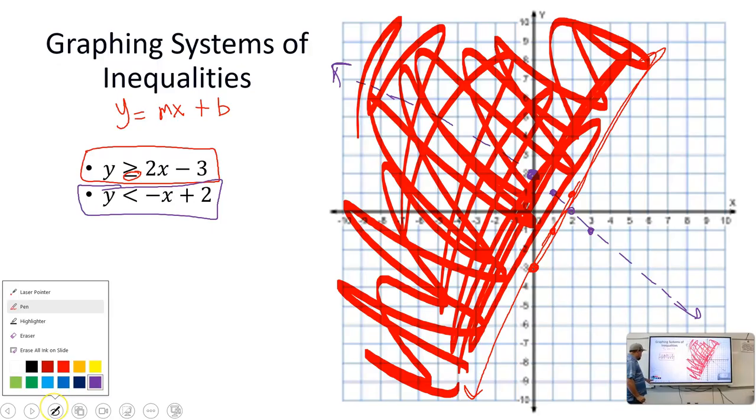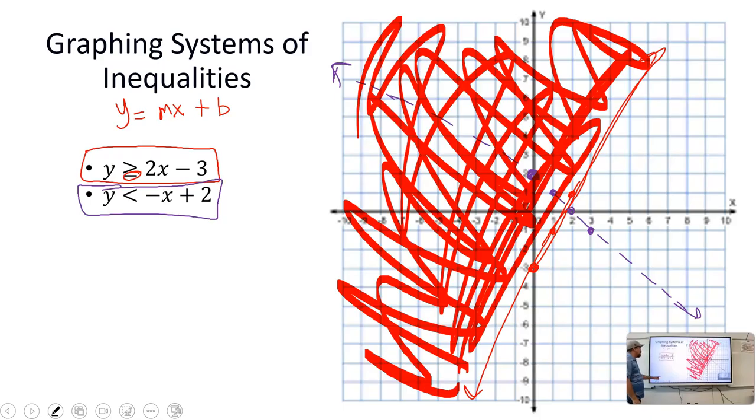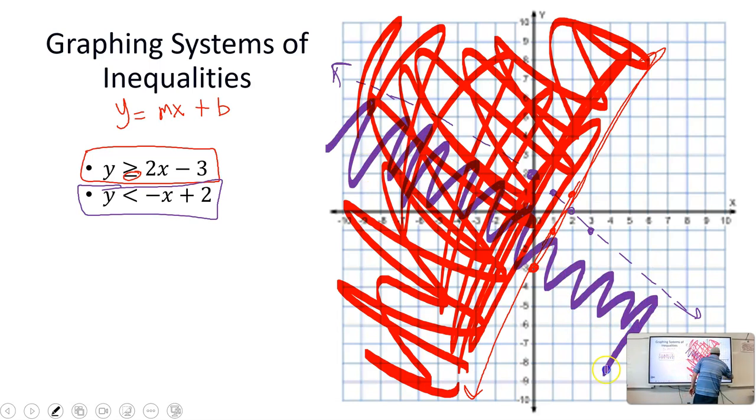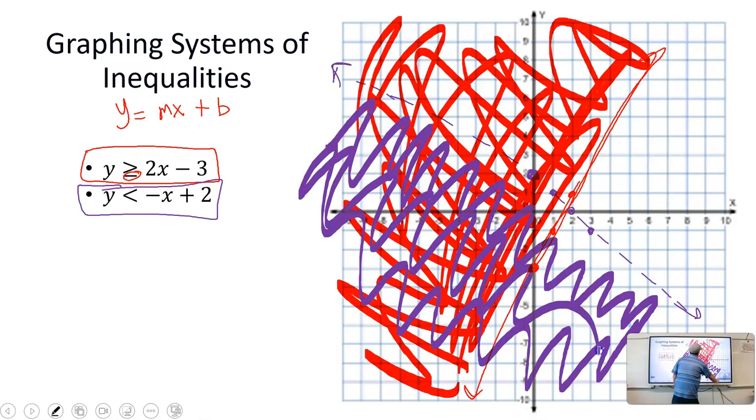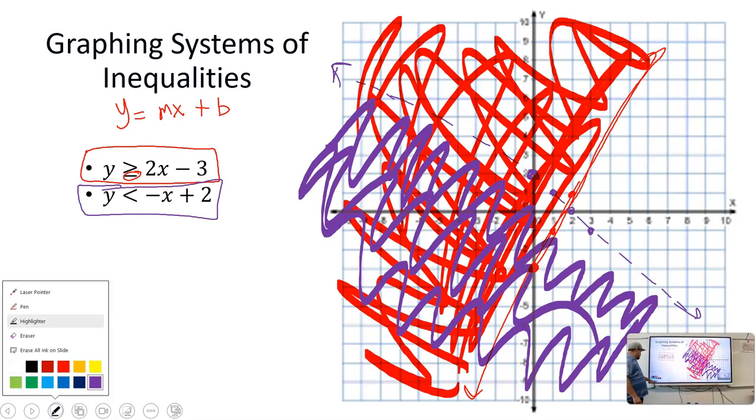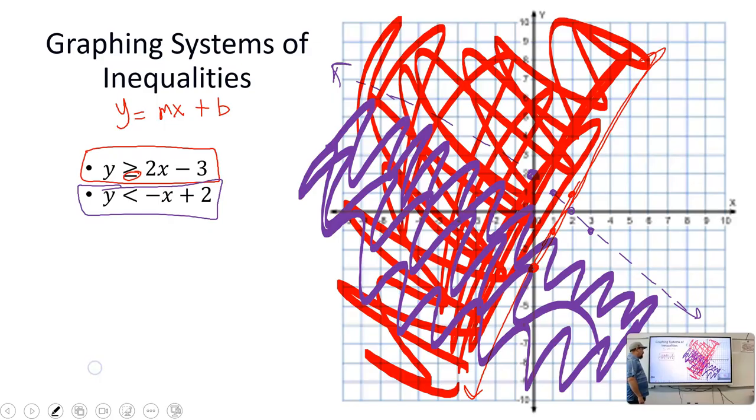Okay, but now where will this be shaded in? Which region is this shaded in? It's y is less than -x plus 2, so anything below this purple line would be shaded in. Now you should notice, it looks kind of messy, but there is one particular area that has both of the shadings from the graphs.